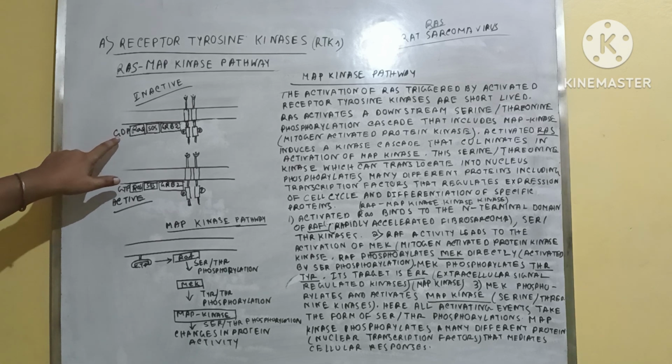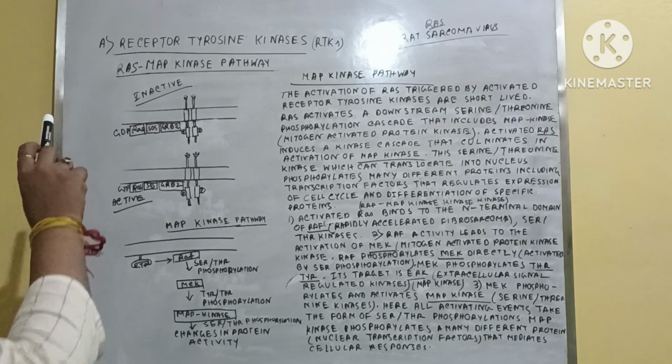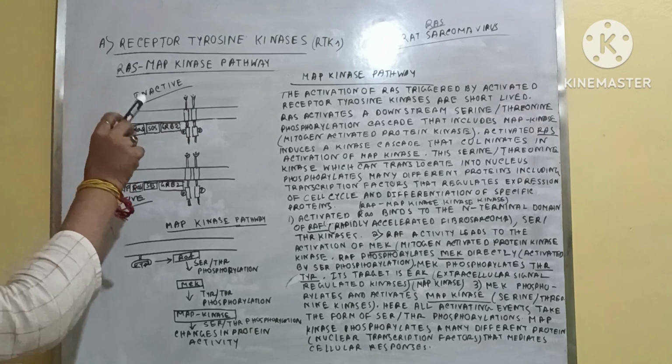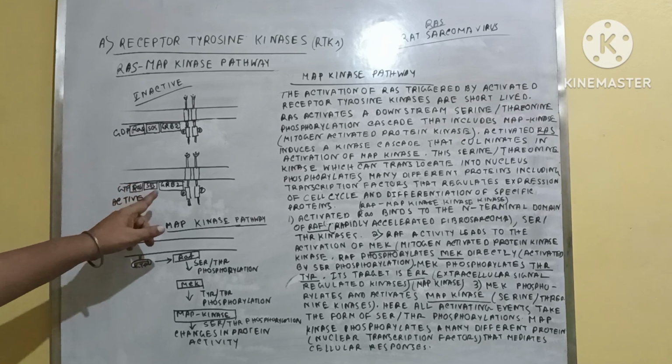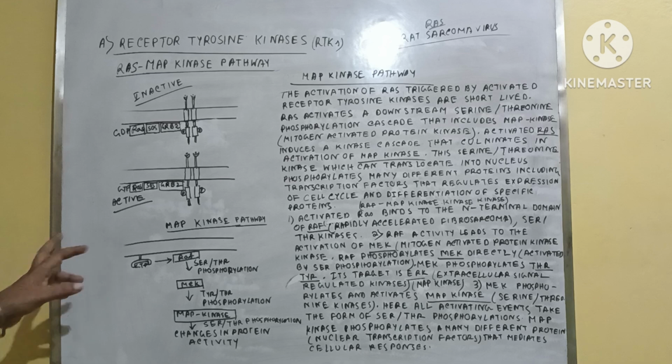So here when GDP is there, RAS, SOS and GRB2, these three proteins remain in inactive situation. Okay, when GDP is bound with the RAS. But in the second step you can see that when GTP is bound with the RAS, that means SOS, GRB2, all that are already attached with the RAS, they are in the active form.